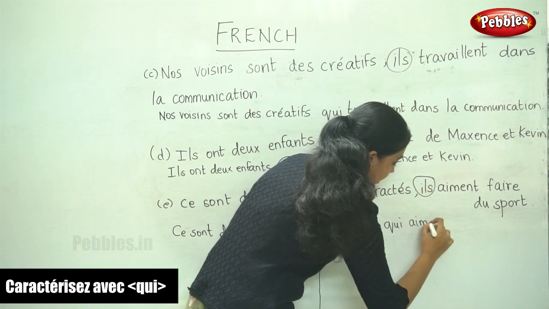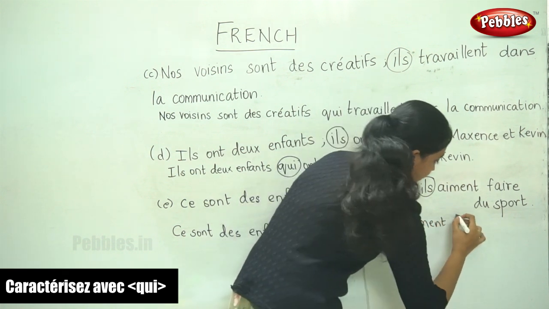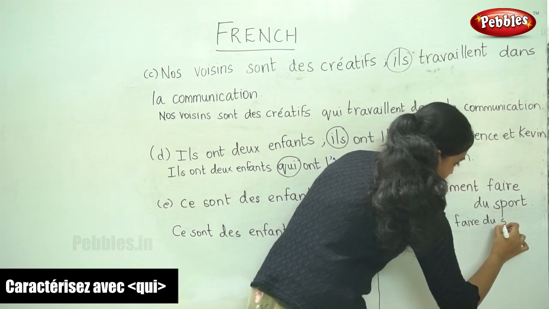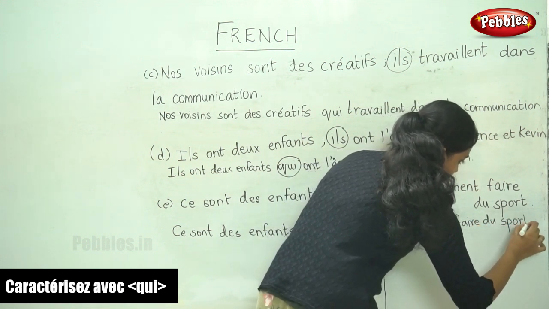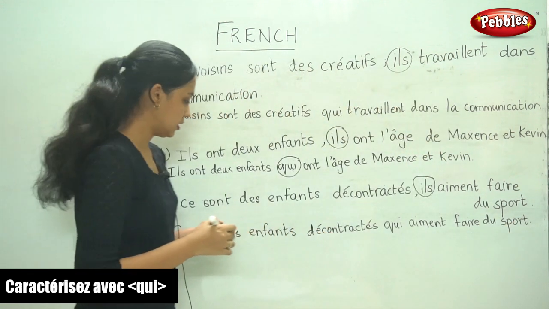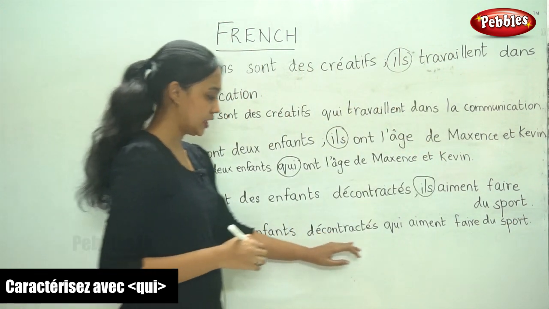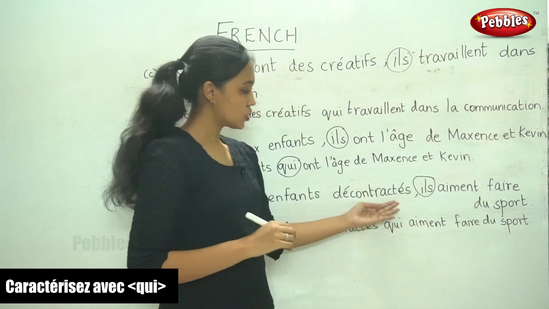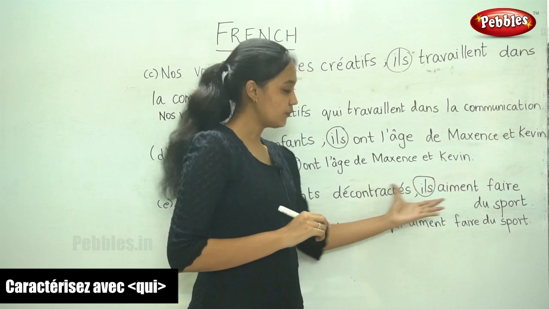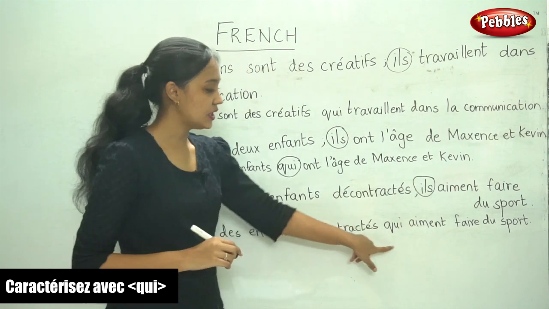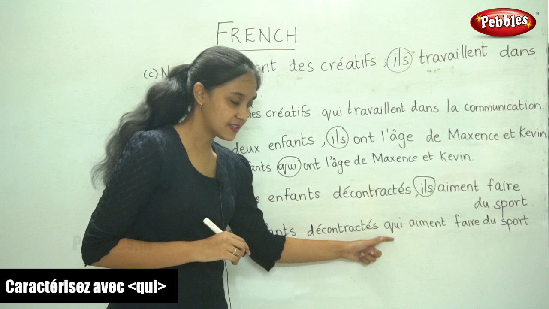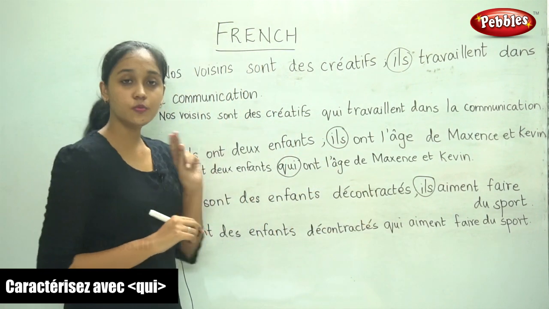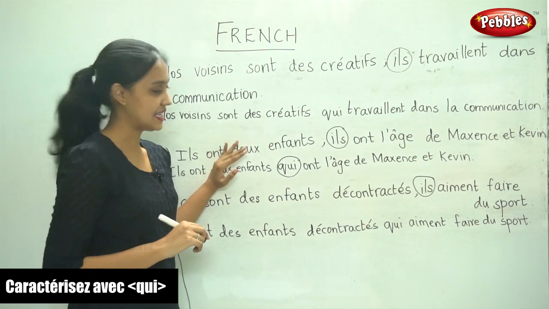Qui aiment faire du sport. So, ce sont des enfants décontractés qui aiment faire du sport. So, we related two sentences using qui. So, caractérisez using qui. So, we have another two more sentences in this exercise.